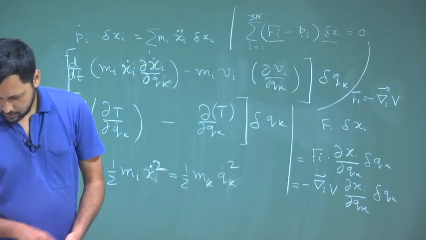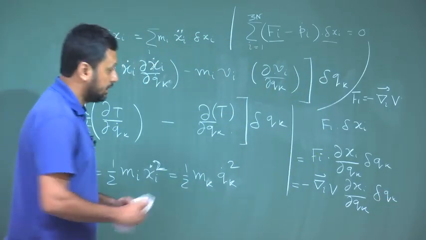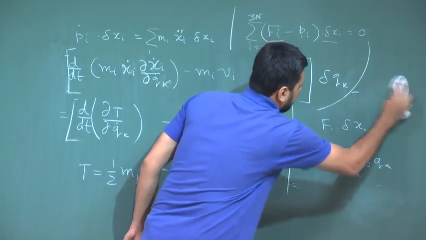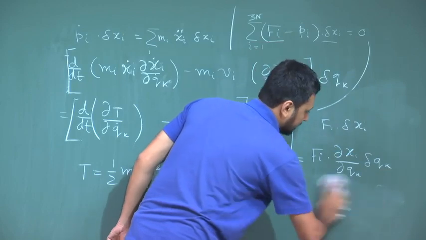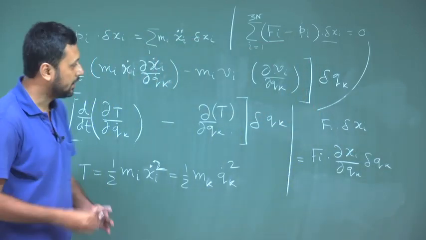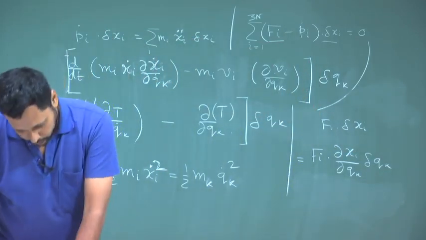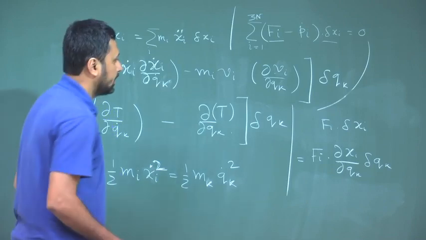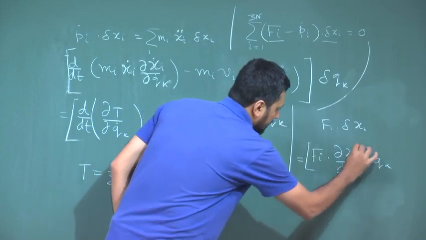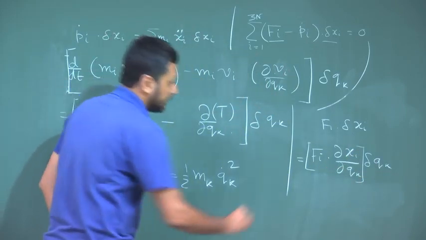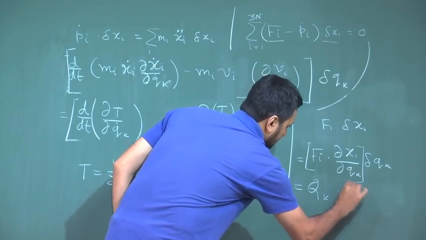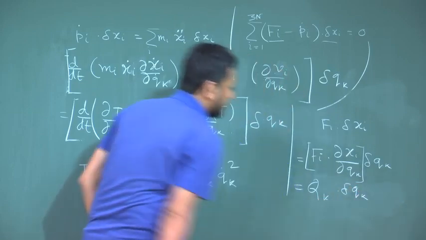Now, actually there is another way of doing it, let us do it this way, it is better, because it will be a bit confusing, there are many steps which we can avoid. Okay. So, what we can do is define this term as a generalized force Qk, and then we multiply this with a delta qk.